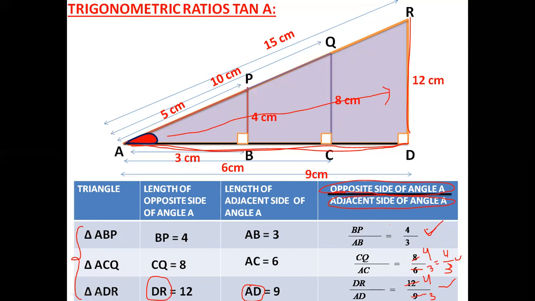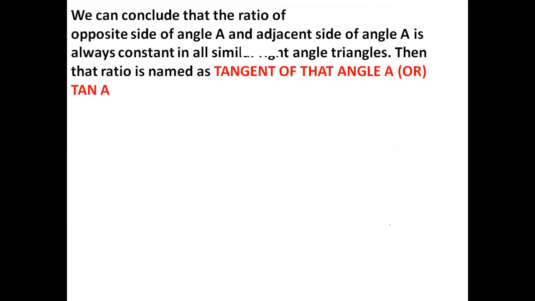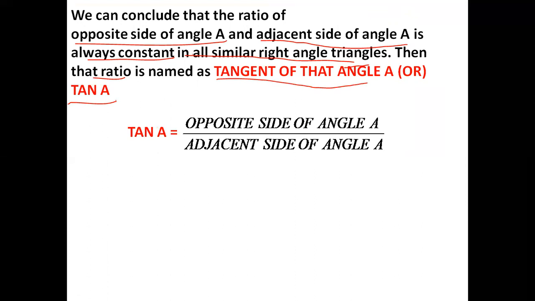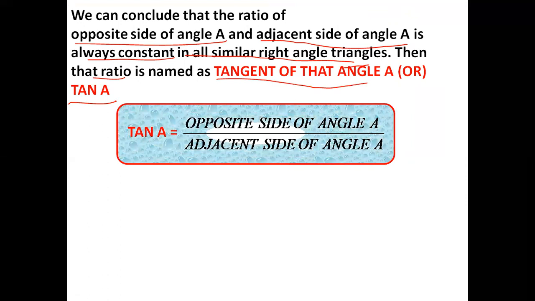That constant is named as tangent of that angle A, or simply write tan A. So tan A is equal to opposite side of angle A by adjacent side of angle A. You have to remember this box.